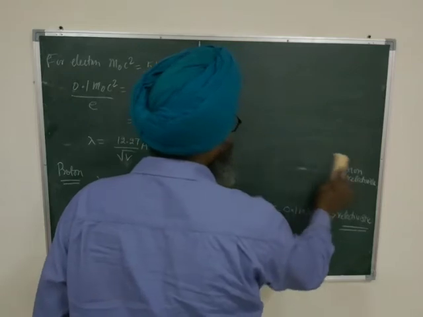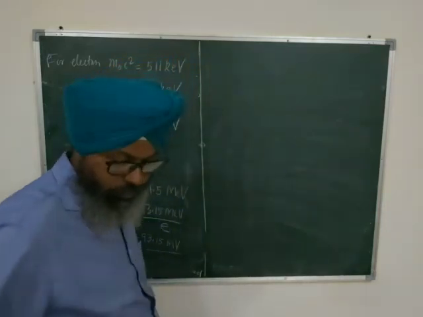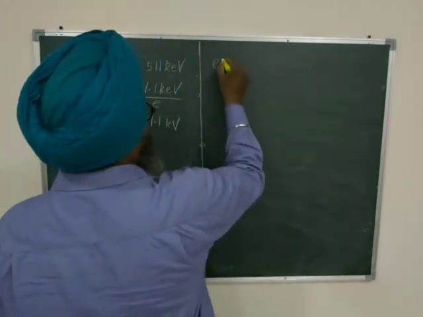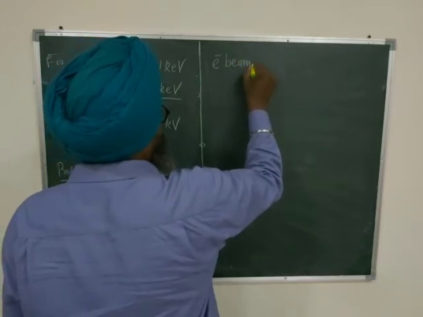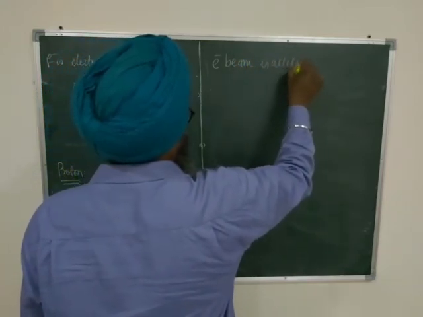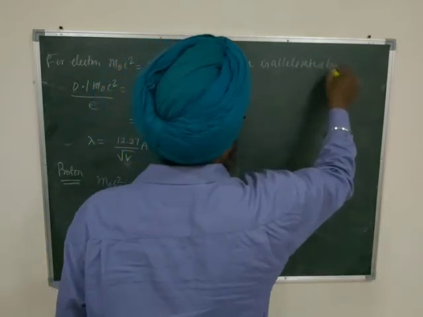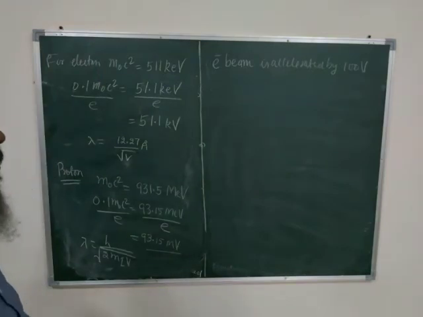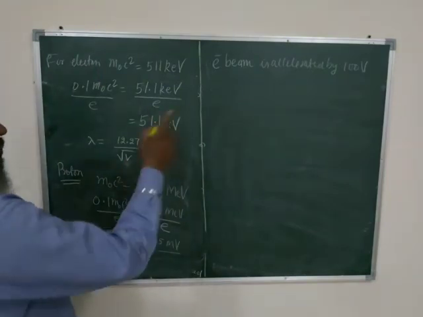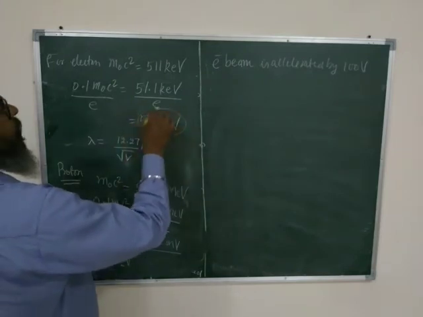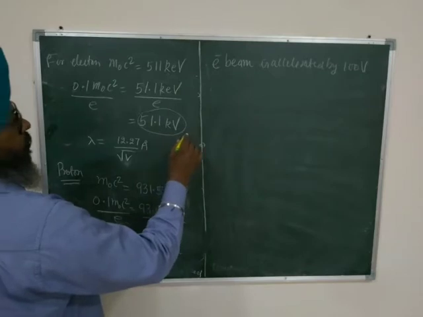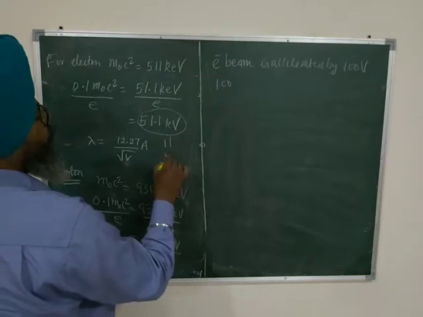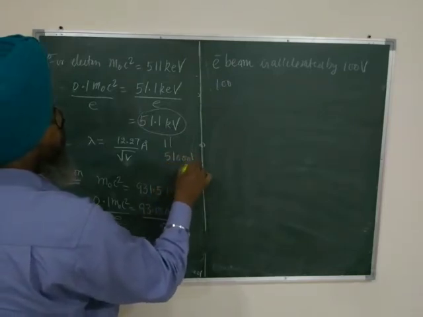Let us take an example. If I am given that an electron beam is accelerated by 100 volt, what will be the wavelength of that electron beam? Since this is an electron beam, my thumb rule is this one, 51 kilovolt, which is actually 51,000 volt.